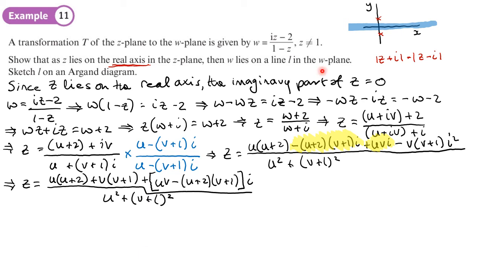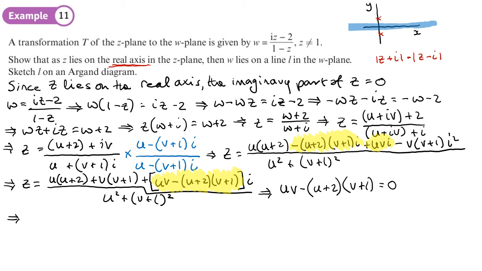Right, so now we can draw on this statement at the top. Since z lies on the real axis, the imaginary part of z, which is this bit here, equals 0. So let me just highlight that. We've put it all together. So this equals 0. So I can go on and write that statement because I've already stated at the start that the original imaginary part of z equals 0. So I'll have uv minus u plus 2 times v plus 1 equals 0, and the rest is about finding out what this actually is.